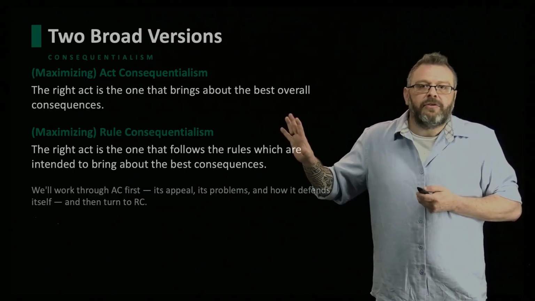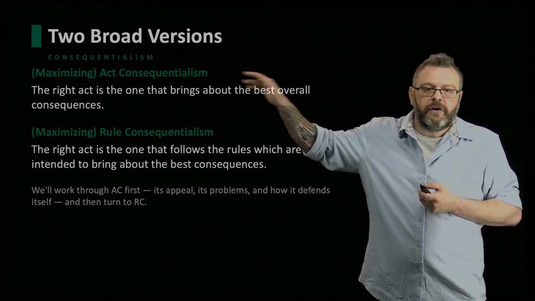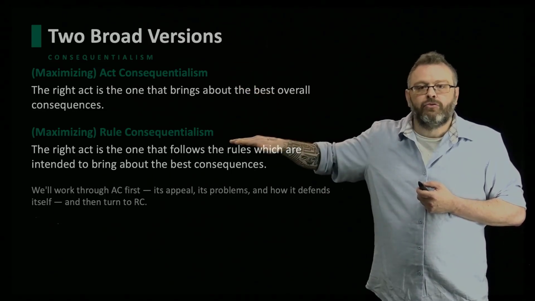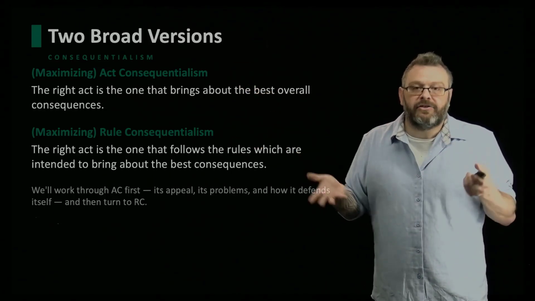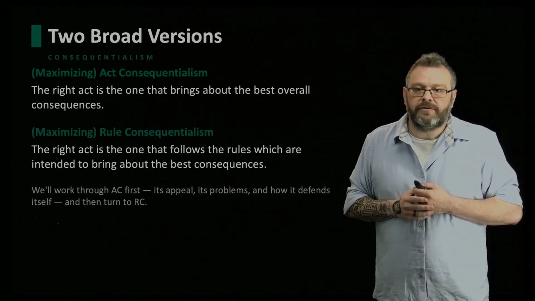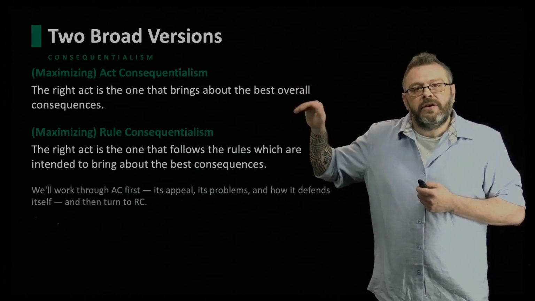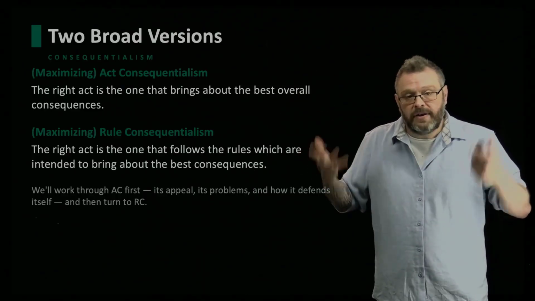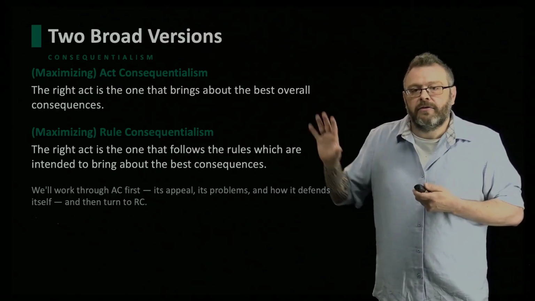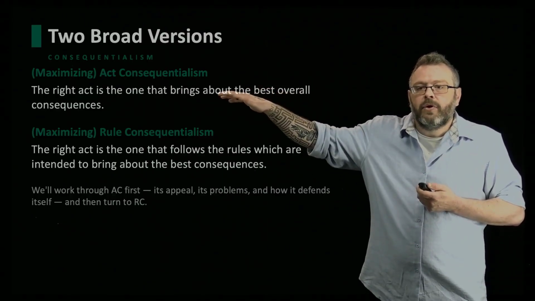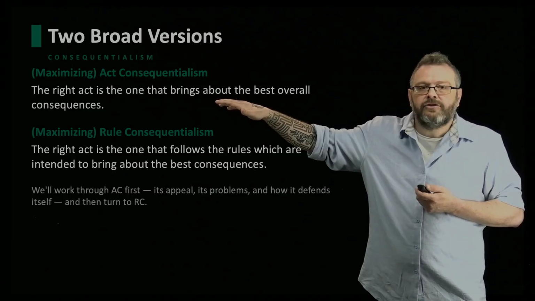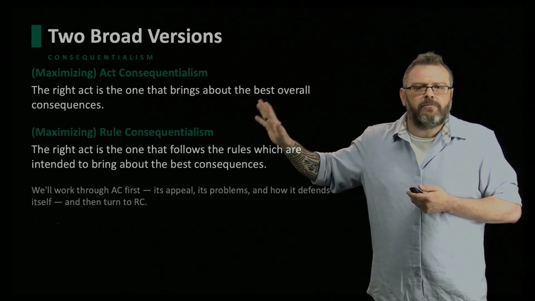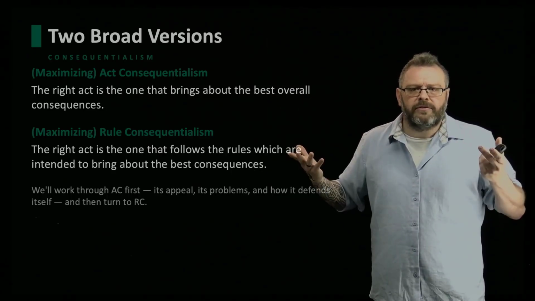Now, in particular, we're going to be looking at two very broad versions of consequentialism, act and rule. And they're both going to be maximizing consequentialist theories. The difference between these two, and we're going to spend quite a bit of time unpacking each of these, so don't stress right now trying to understand the differences. For act, what we're looking at is each individual act and trying to figure out, does this act bring about the best consequences?